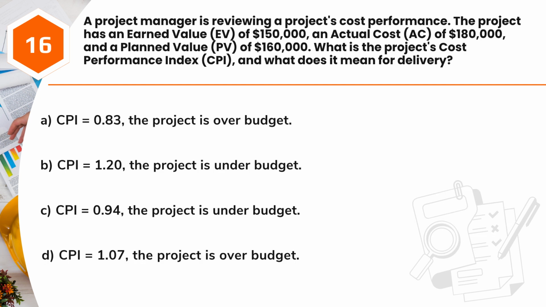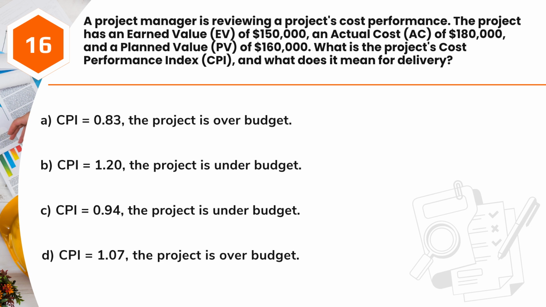Question 16. A project manager is reviewing a project's cost performance. The project has an earned value, EV, of $150,000, an actual cost, AC, of $180,000, and a planned value, PV, of $160,000. What is the project's cost performance index, CPI, and what does it mean for delivery?